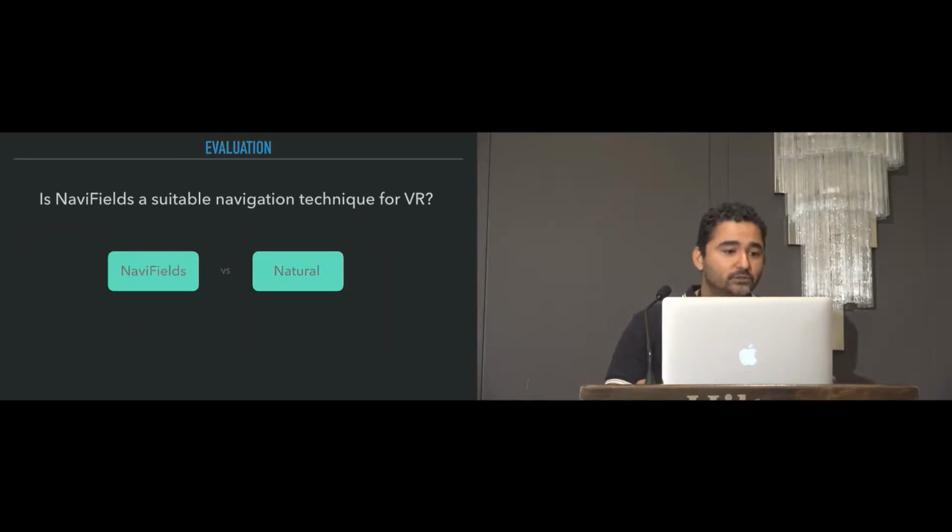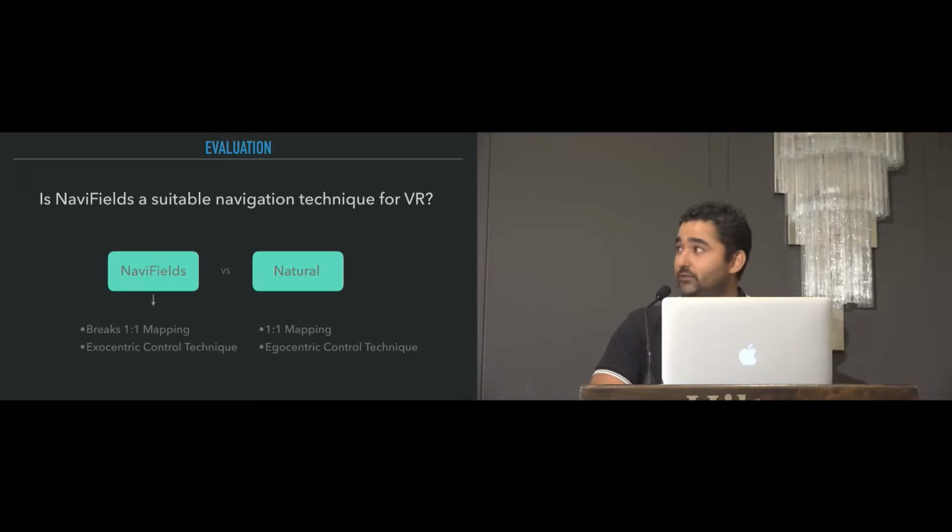Of course, we wanted to test if NaviFields is a suitable navigation technique for VR versus natural navigation, which is the best kind of navigation that we can have so far. And we expect a lot of differences in this comparison. But we wanted to know if these differences will come from the fact that NaviFields breaks this 1-to-1 mapping, or from the fact that NaviFields has an exocentric control technique, which means that not all the control of speed and displacement is based on user movements.